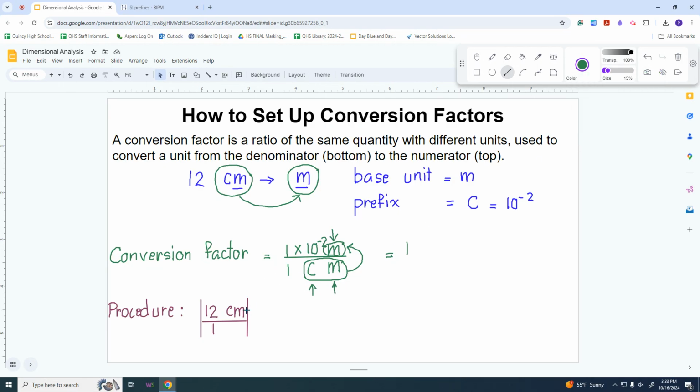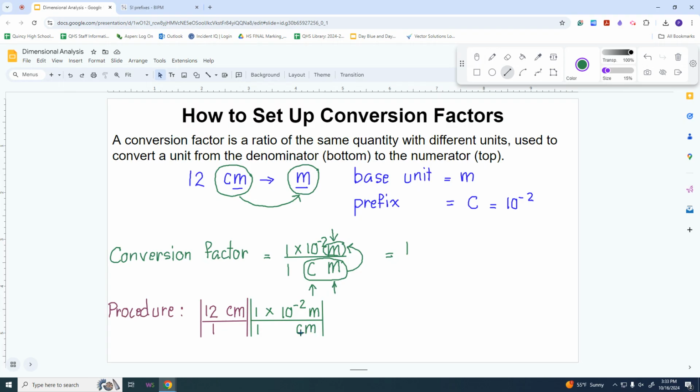So our conversion factor is 1 times 10 to the negative 2 meter over 1 cm. This time I don't keep the space, okay? So you will see that c and m, they go together, they are the entire unit.